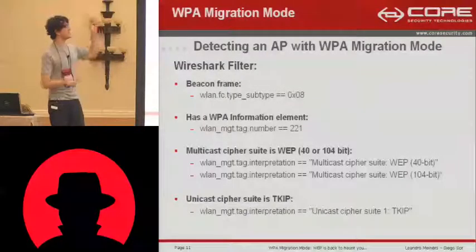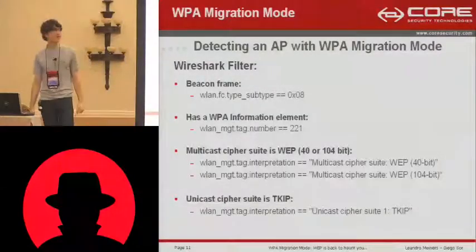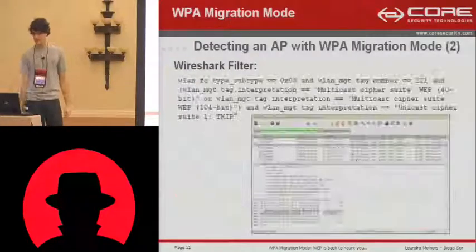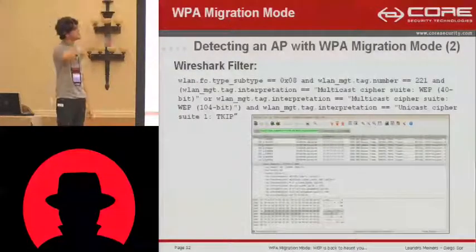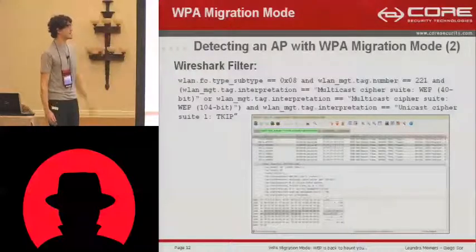So this is the basic element we have to look for when we are looking for an AP working in migration mode. This is all the filter elements combined in one display filter and a Wireshark capture of the beacon frames.